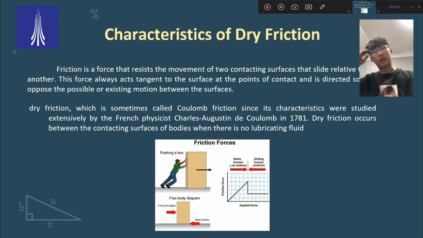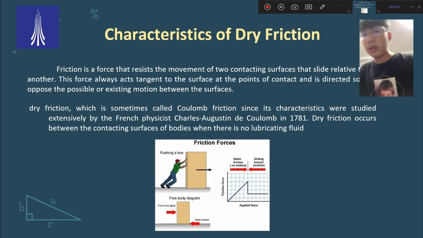Friction is a force that resists the movement of two contacting surfaces that slide relative to one another. This force always acts tangent to the surface at the points of contact, and it is directed so as to oppose the possible or existing motion between the surfaces.